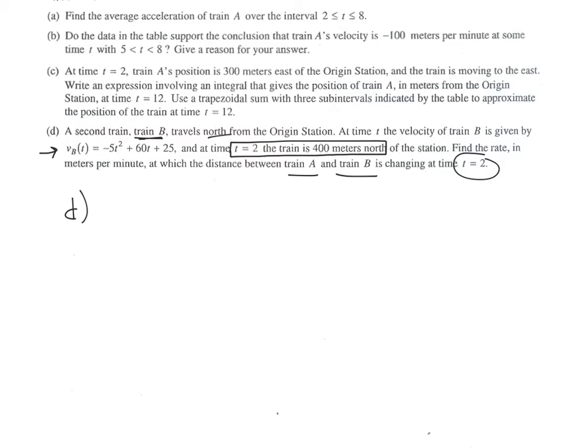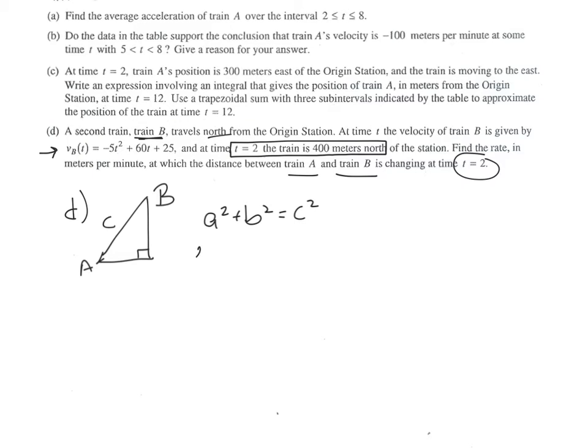So we have a situation where train A is going east-west and train B is going north. So the distance between them we'll call C, and the relationship between all three sides of our triangle is given by the Pythagorean theorem. So we've got a squared plus b squared equals c squared.